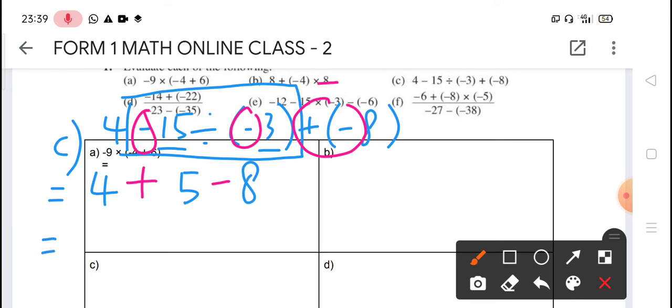Okay, then we continue from left to right. 如果只剩下加减或者只剩下乘除，就从左边顺着去右边。So we start with this one. 4 add with 5, we get 9 minus 8. So finally, you get 1 for your answer. Okay, so this is solution and answer for question C. So class, remember, this type of question you need to write out your solution to get your marks. You cannot press everything directly using your calculator and just write the answer.